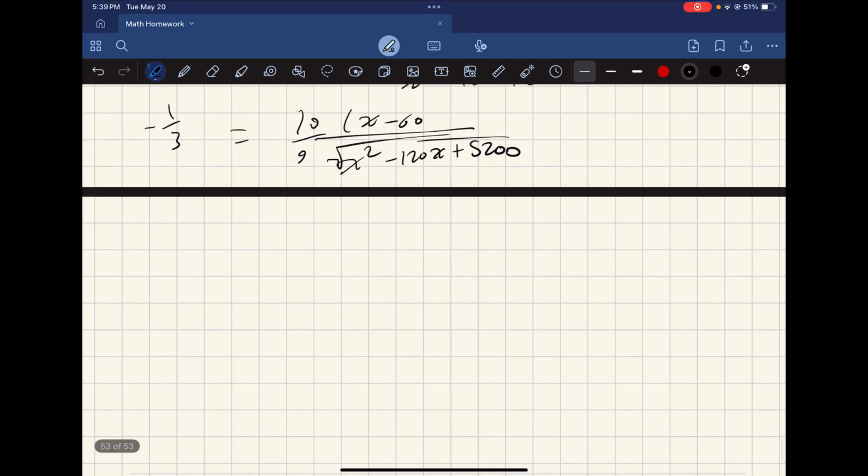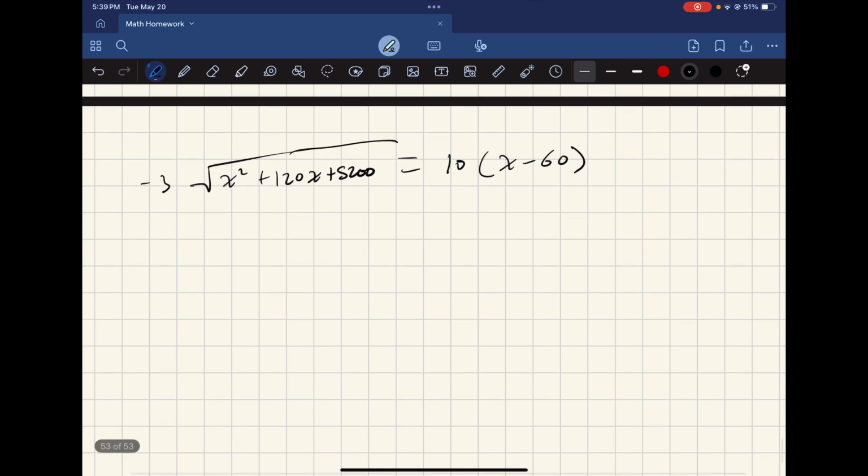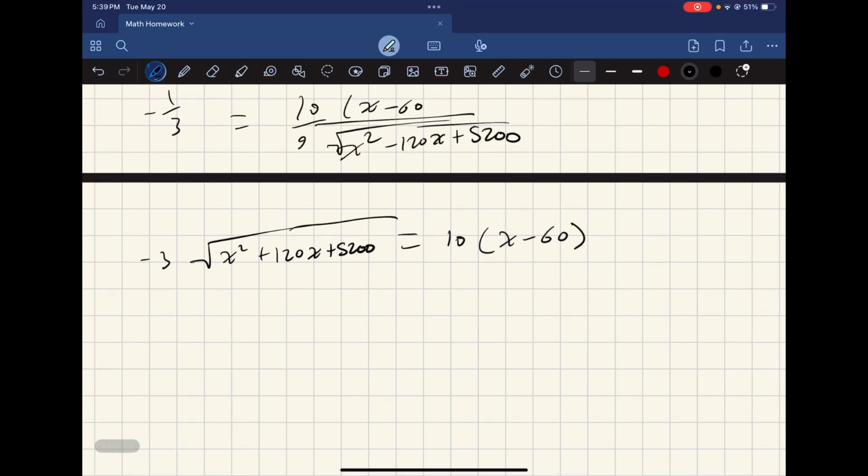I'll multiply the whole equation by 3. The square root of x squared minus 120x plus 5200 equals 10 times (x minus 60).